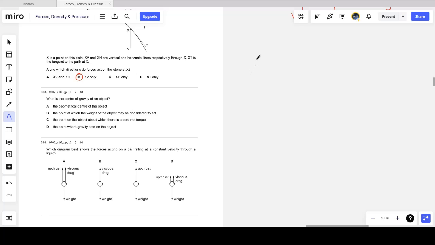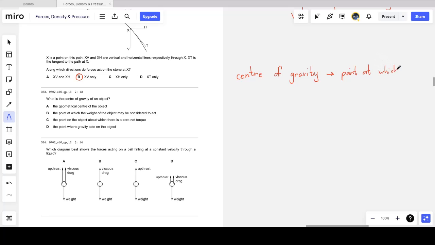But it doesn't really matter, because if you go to the definition, if I asked you to open your textbook and find the definition of center of gravity, what would you find? Again, this is testing how well you know the definition. It is the point at which we can consider weight to act for an object.